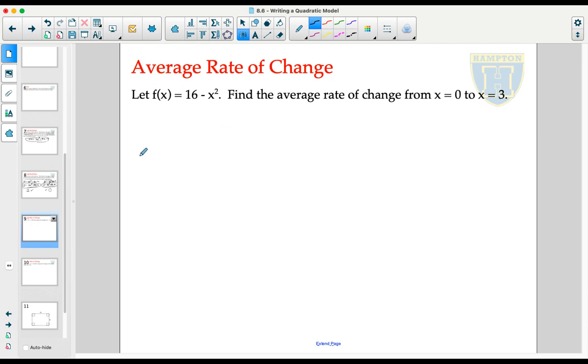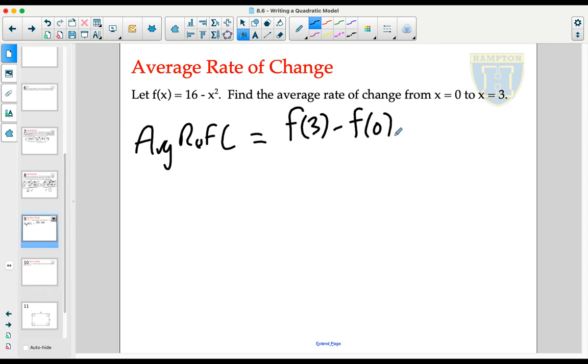When we calculate the average rate of change, we are calculating the change in the function over how long it took for that change to take place. So from f of 3 to f of 0, how much did the value of the function change over how long it took for that change to happen?